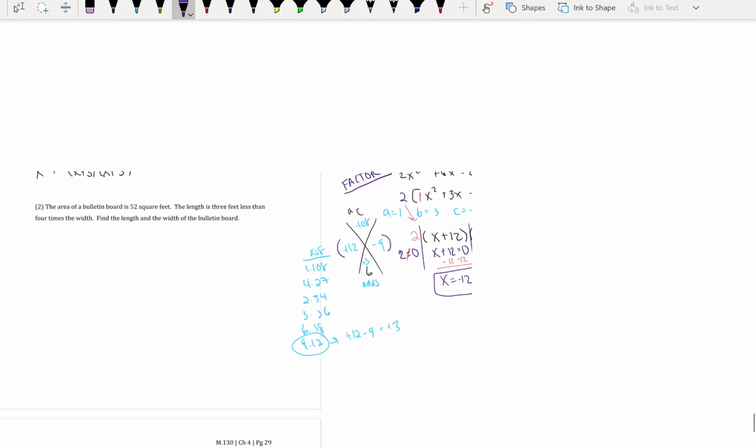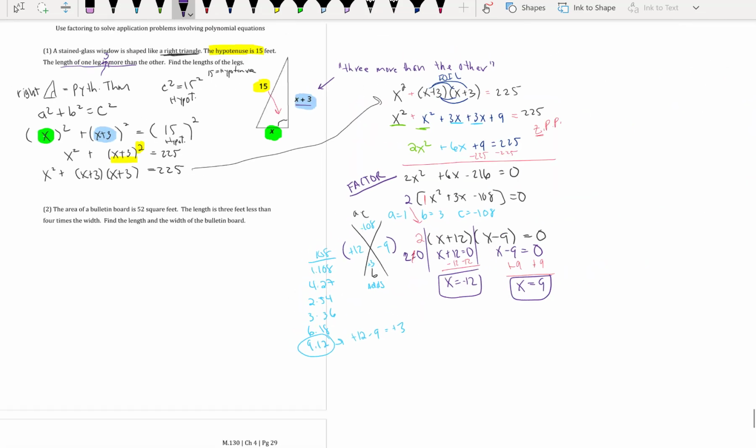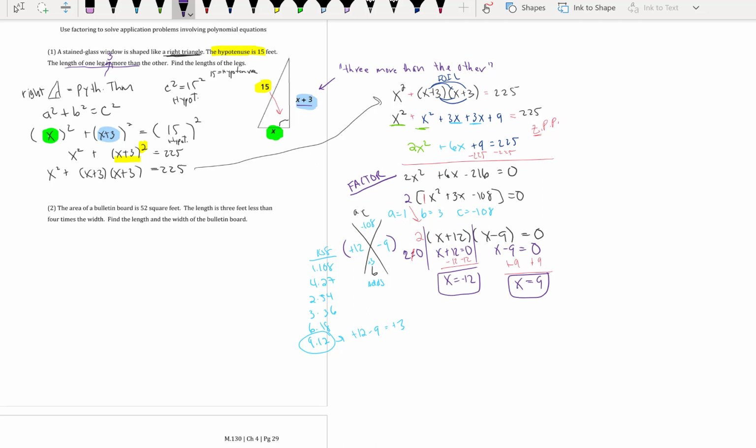So we have our answer as x is equal to negative 12 and x is equal to a positive 9. So those are going to be the lengths of the glass-shaped window. So don't forget here that it specifically says in feet.